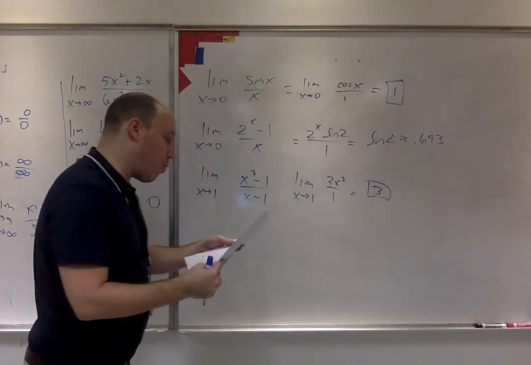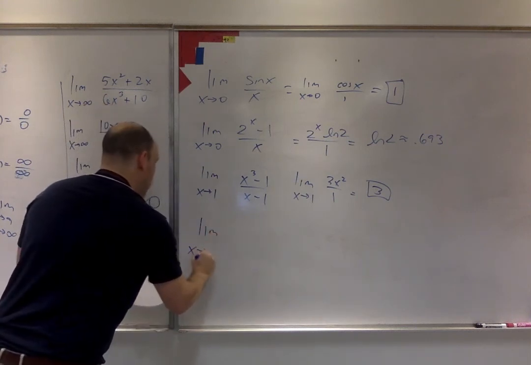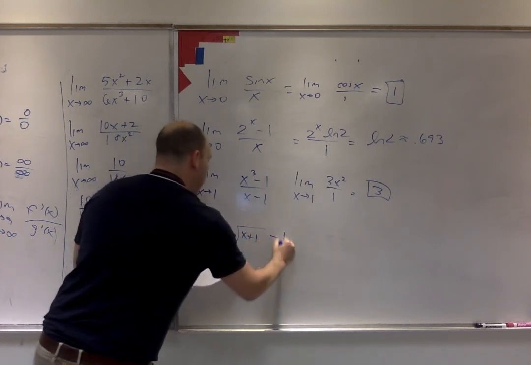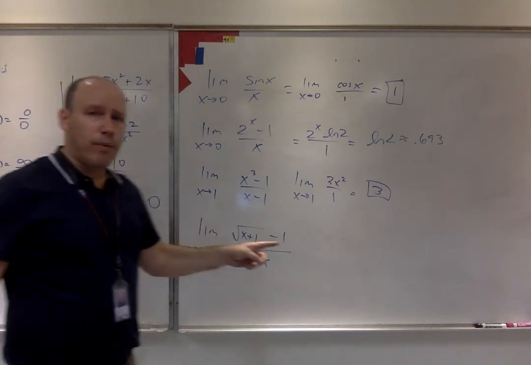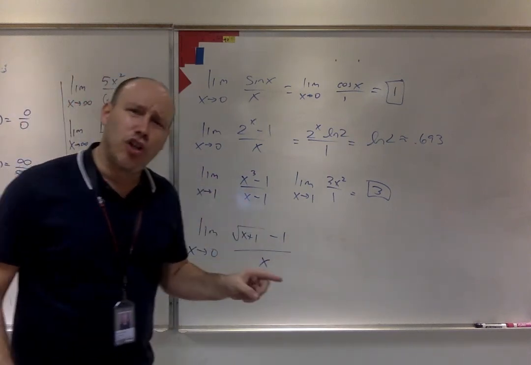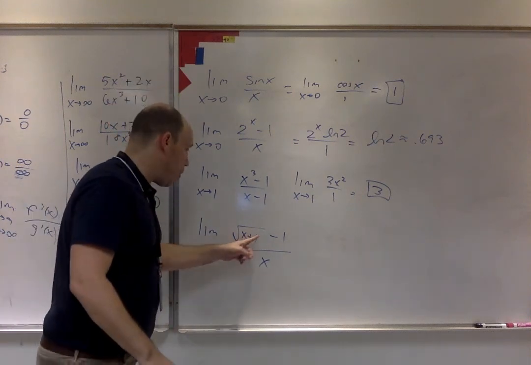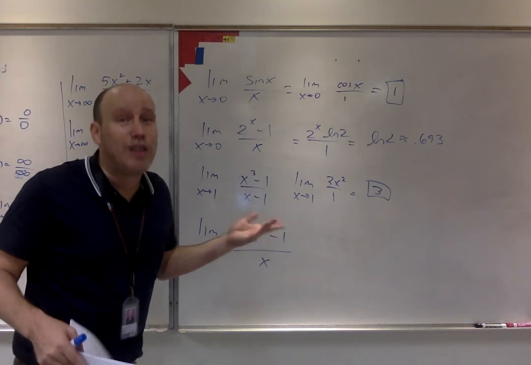Let's try another one that I gave you to do. Find the limit as x approaches 0 of the square root of x plus 1, minus 1, over x. I remember this, Mr. Adler. Do I have to rationalize everything? No, L'Hopital's rule. Because 0 plus 1 minus 1 is 0 over 0.